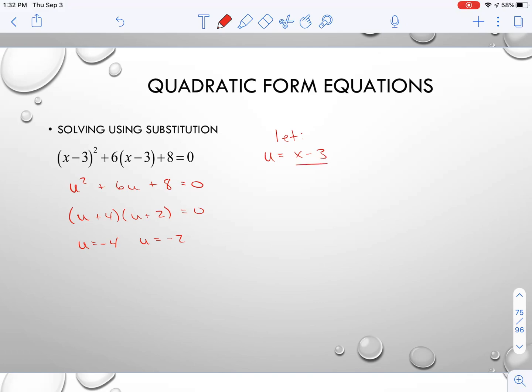I still need to do my back substitution for u. So what I'm going to have is x minus 3 equals -4 and x minus 3 equals -2. When I solve, I'm going to add 3 to both sides. I'm going to have x equals -1 and x equals +1.